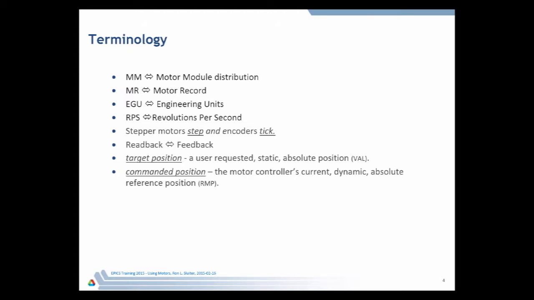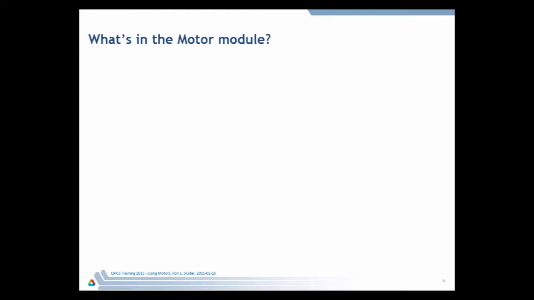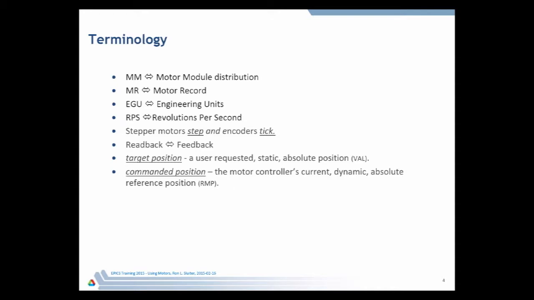And I use the words readback and feedback interchangeably. Target position I refer to as the absolute position that the user puts into the MEDM displays, and commanded position as a controller-specific dynamic position that we read from the controller, or that the EPICS motor sends to the controller.